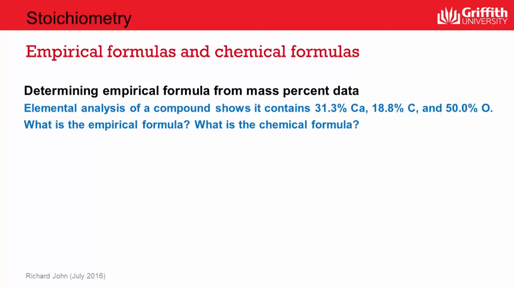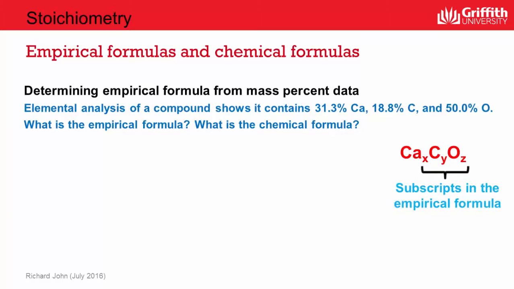So we can write down an expression for the empirical formula straight away: CaXCyOZ, where the subscripts X, Y and Z are the whole number subscripts in the empirical formula. And if we can determine what the values of X, Y and Z are, we effectively have the mole ratio of X, Y and Z, and therefore we have the empirical formula.